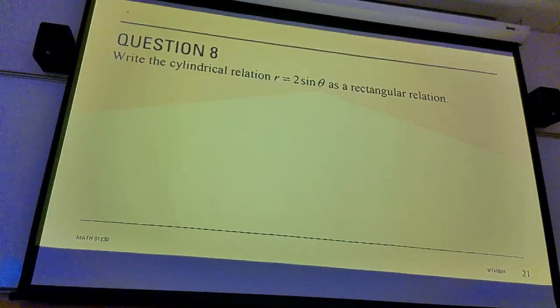What is sine of theta? Y over root x squared plus y squared. This means that x squared plus y squared equals 2y.